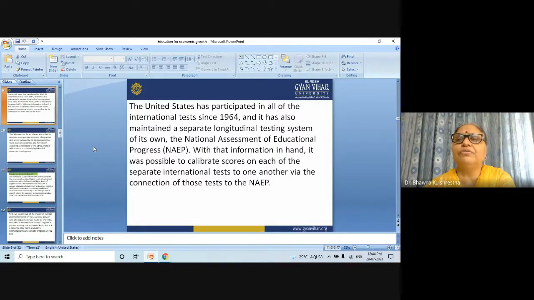By following these two steps, we were able to aggregate all available scores for each country into measures of average cognitive skill levels for each country.